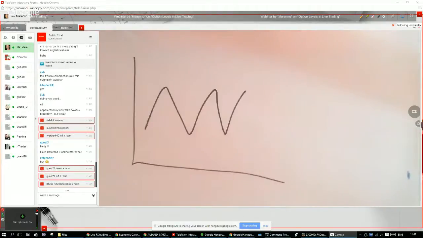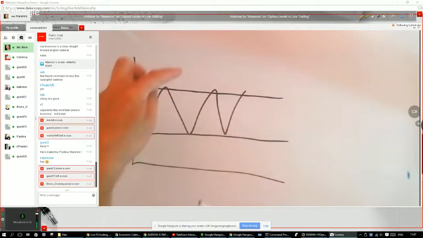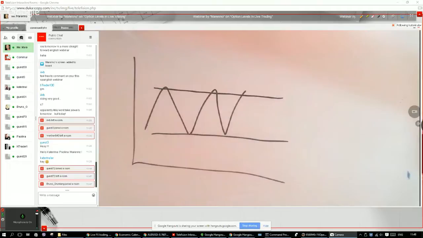So we have a price here that is going up and down. Then we have these lines, for example. These can be support, resistance, channel lines, Fibo lines, or whatever. It all depends on what kind of approach you trade, what kind of analysis you had.